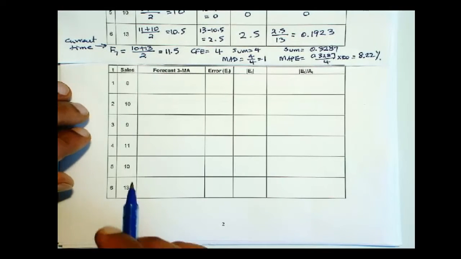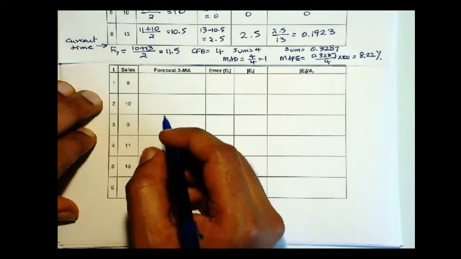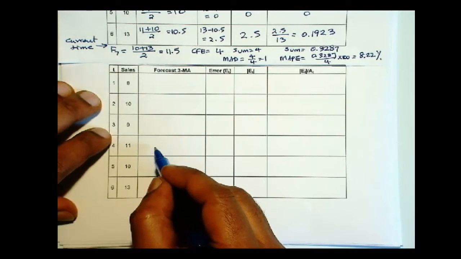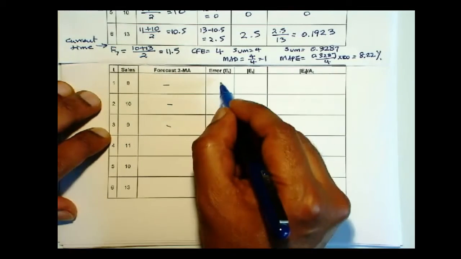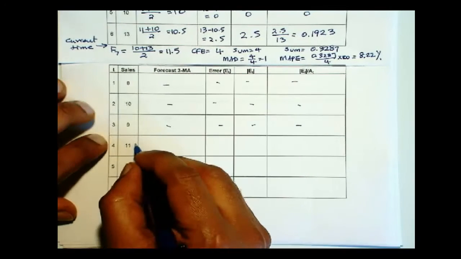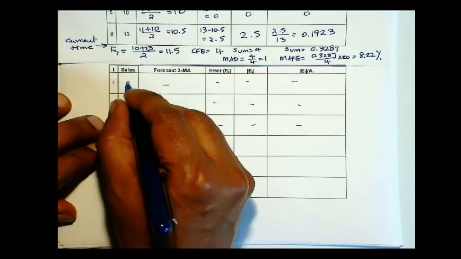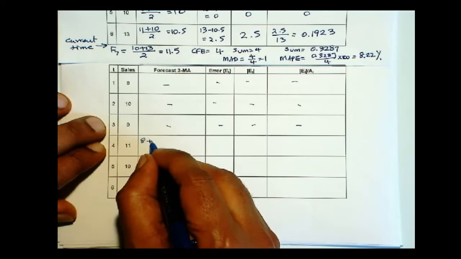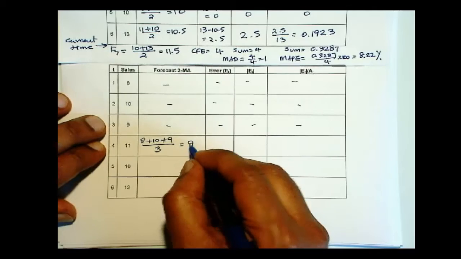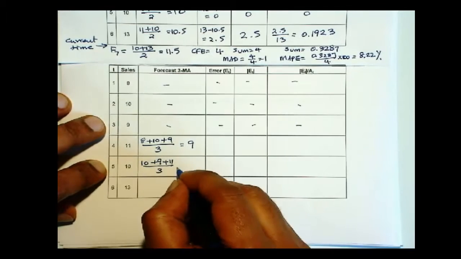Now let's look at 3-period moving average and then compare that to the 2-period moving average. 3-period moving average requires 3 full periods of data before we can compute a forecast. So first 3 rows need to be left out. Then forecast for period 4 will be the average of these 3 numbers, 8 plus 10 plus 9 over 3 will give you 9. 10 plus 9 plus 11 over 3 is 10.